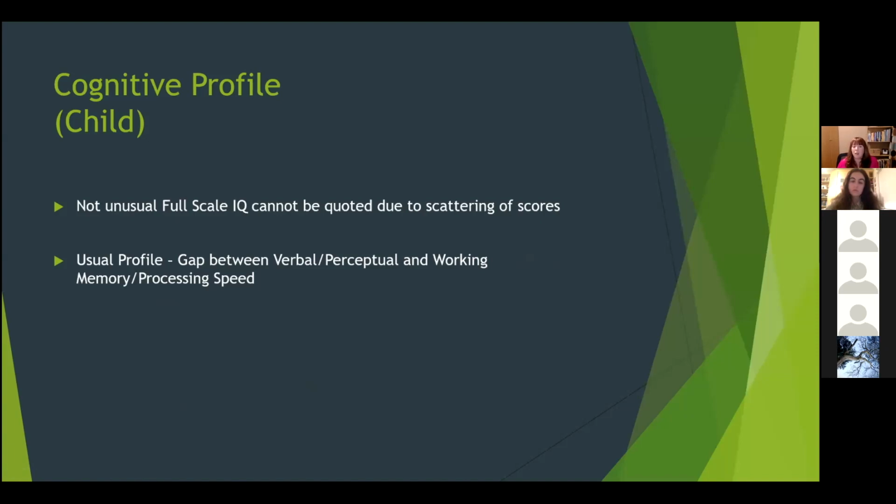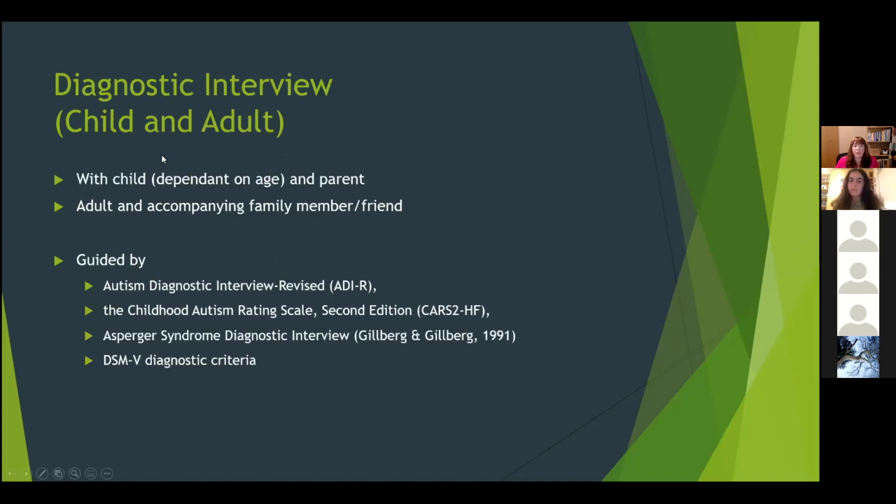It's also not unusual for there to be a clear difference between, say, verbal and perceptual skills, and then there might be a dip in ability in terms of working memory and processing speed. So it's not unusual to see that in a profile for a child who ultimately ends up with a diagnosis of autism.